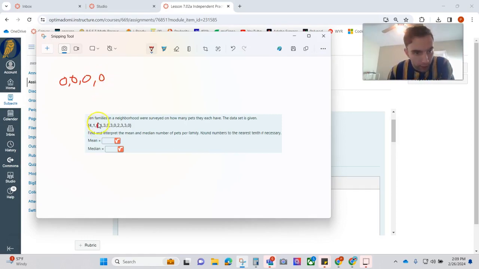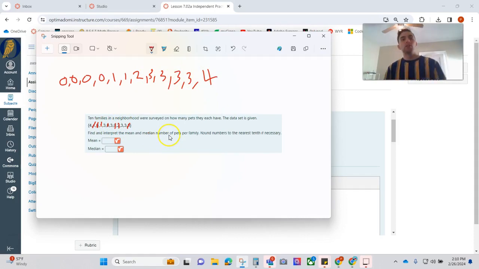Then I cross those off so I don't lose track of what I did. 1, 2 number ones. 1 number 2. 1, 2, 3, 4 number threes. And 1 number 4.